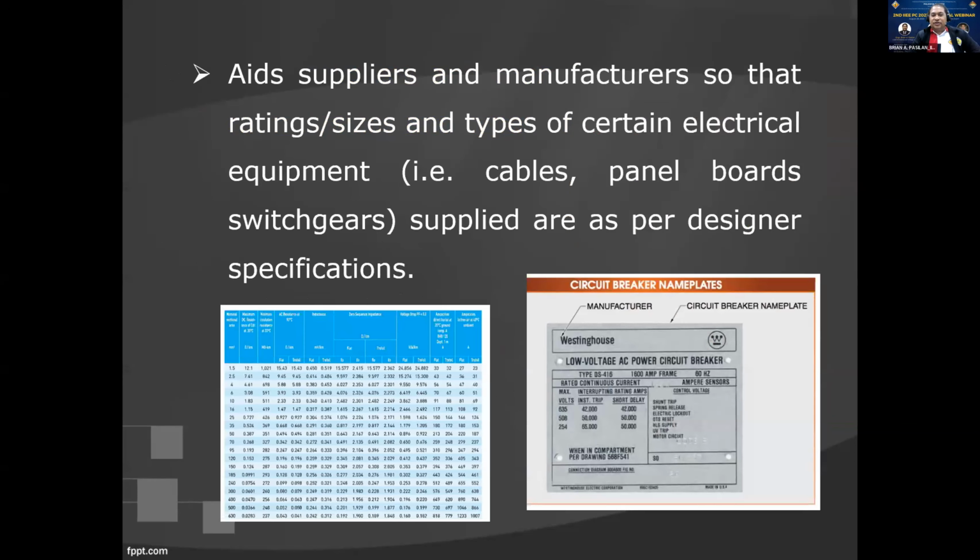And for the manufacturers and suppliers, no, it also gives them a guide para mas accurate yung offer nila, no? Kasi doon nakalagay na yung mga rating, sizes, and types of certain electrical equipment. May it be a cable, may it be a circuit breaker, no? Switches, no? So conduits.